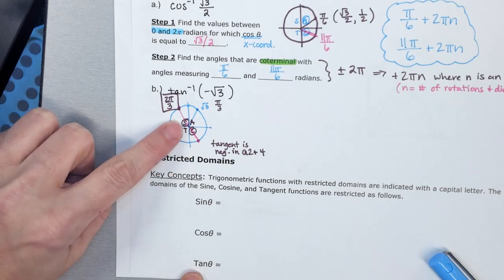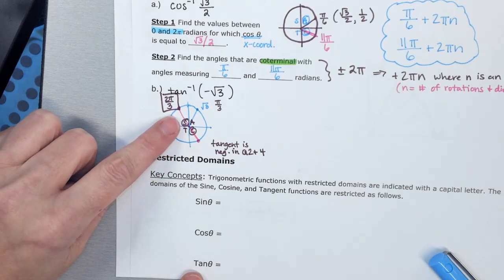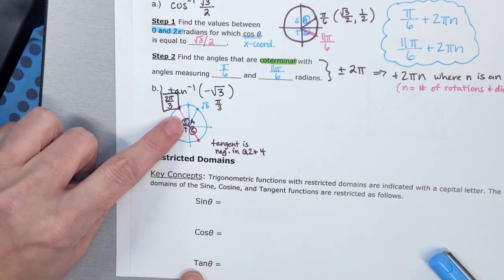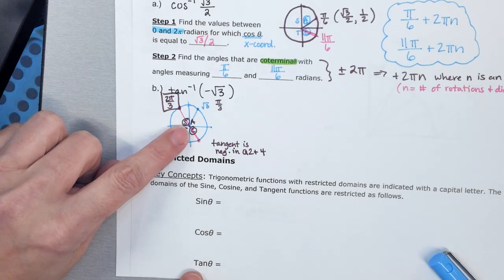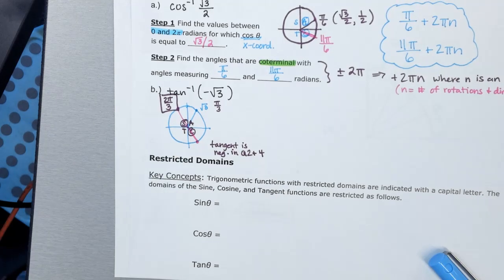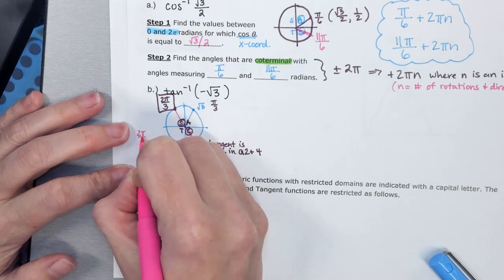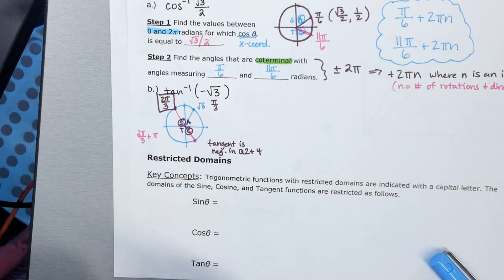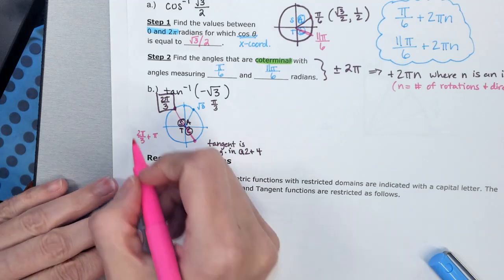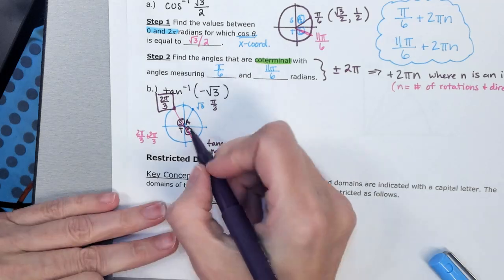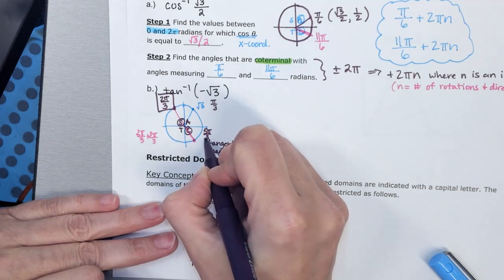They make a straight line, and a straight line is 180 degrees, and how many radians? Pi radians, yep. So if you take 2 pi over 3 and you add pi, can't we figure out what that is? So think of it as 3 pi over 3, which is 5 pi over 3. Great.